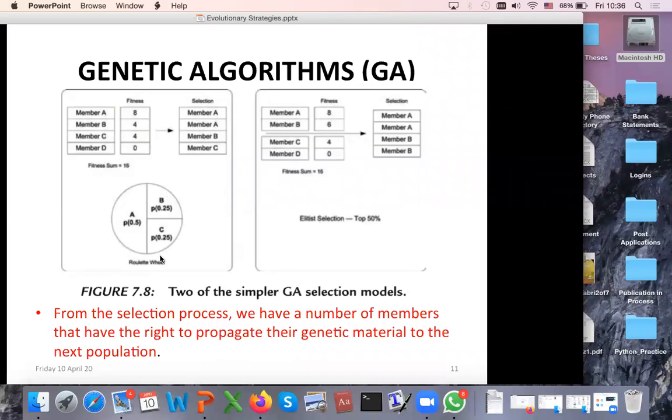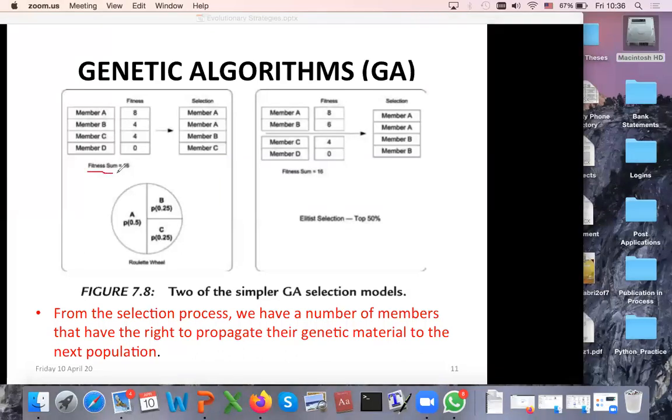And in roulette wheel, you have a wheel kind of concept. So this is the wheel actually. You have to sum up all these values, and after summing them, you will get 8 and 4 is 12, and then 4 is 16. So you will get the fitness sum as 16. Okay, I can use some kind of annotation maybe.